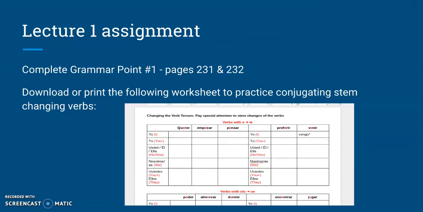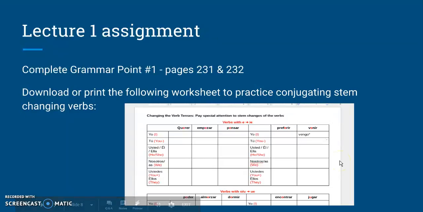Okay, so here's a lecture 1 assignment. Complete grammar point 1, pages 231 and 232. 232 is really going to be helpful for you. And then what I did is I created this worksheet on Google Docs. It's basically a table for you to really practice writing these verbs.